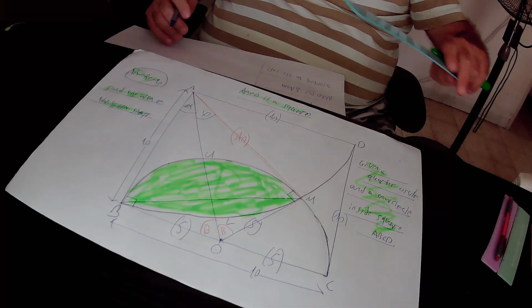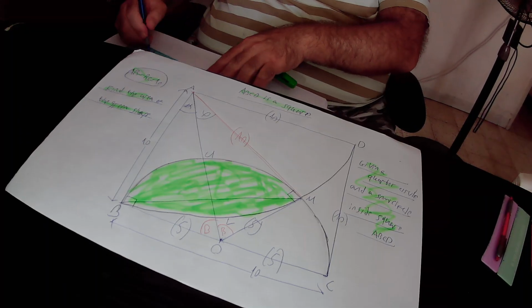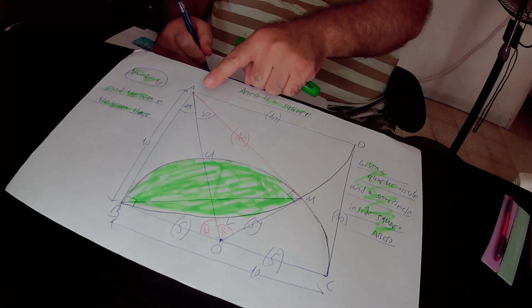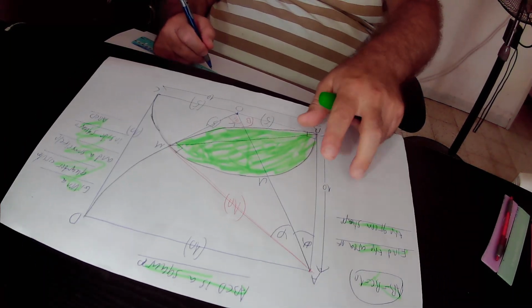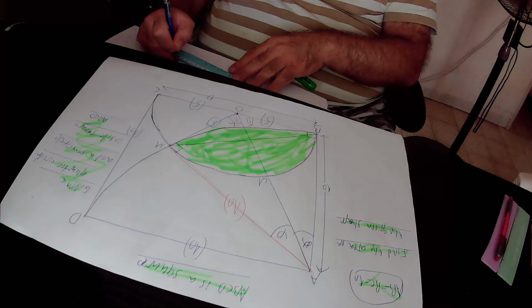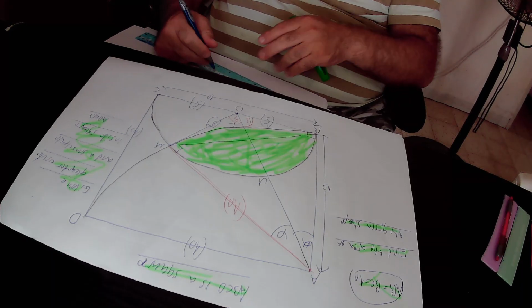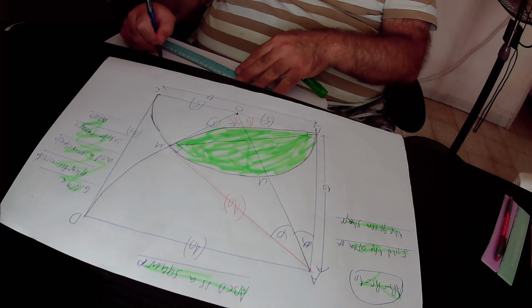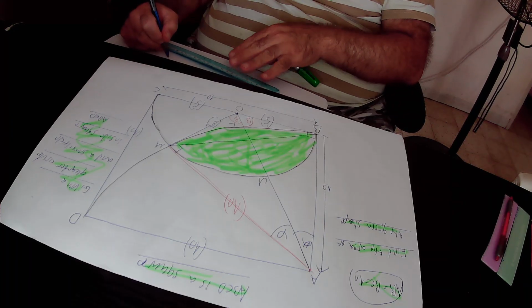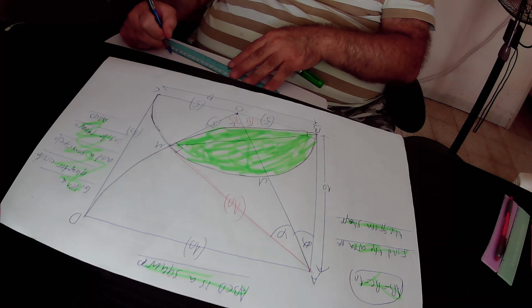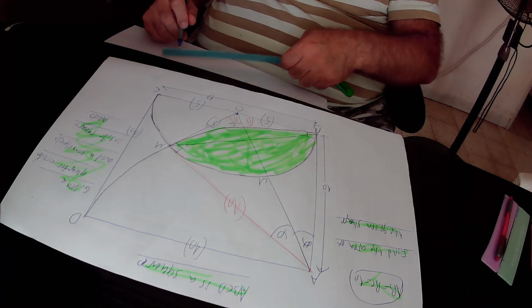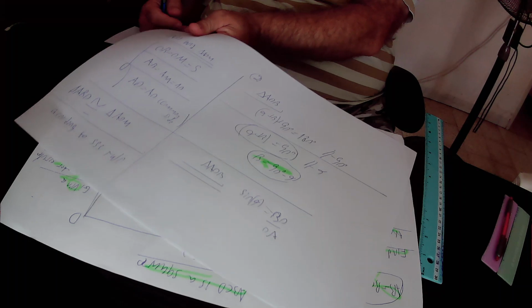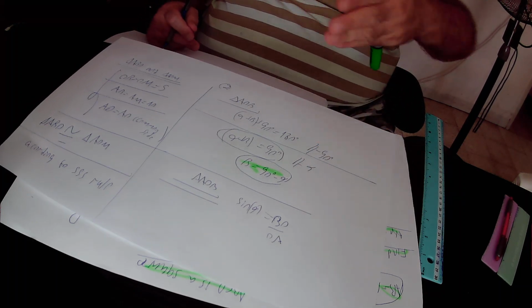In the big right triangle AOB, sine alpha equals BO over OA, that is the hypotenuse.